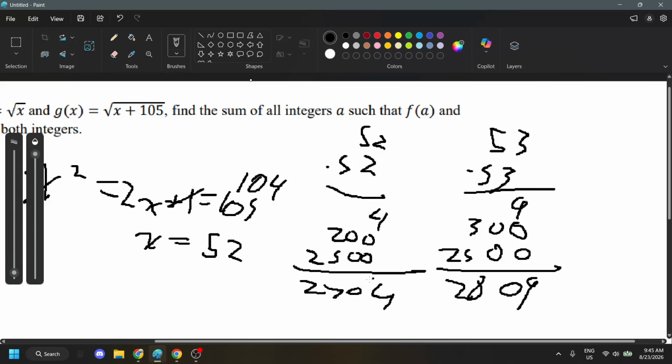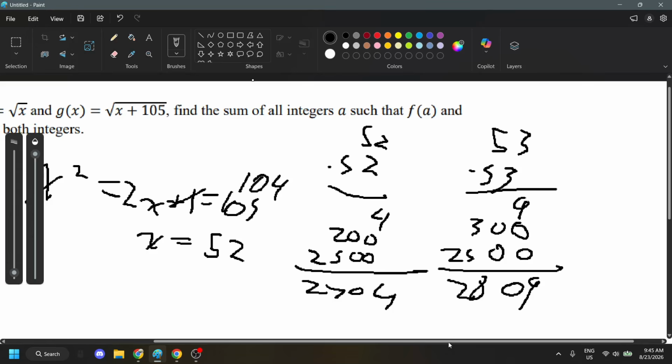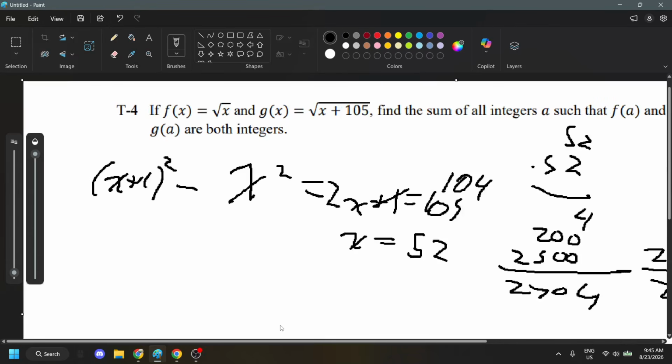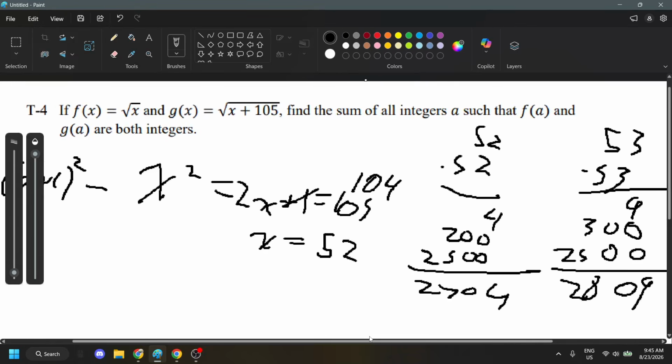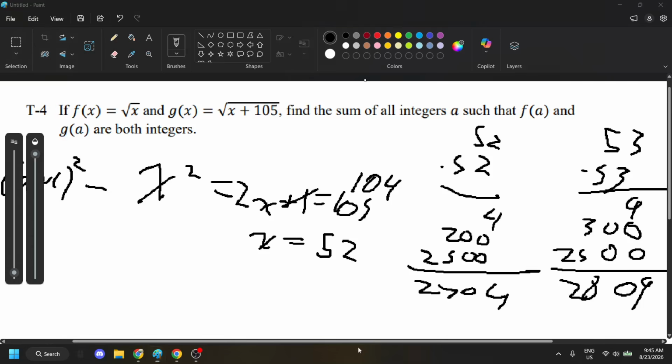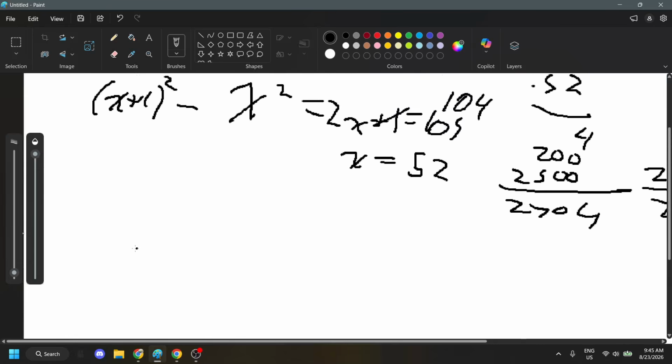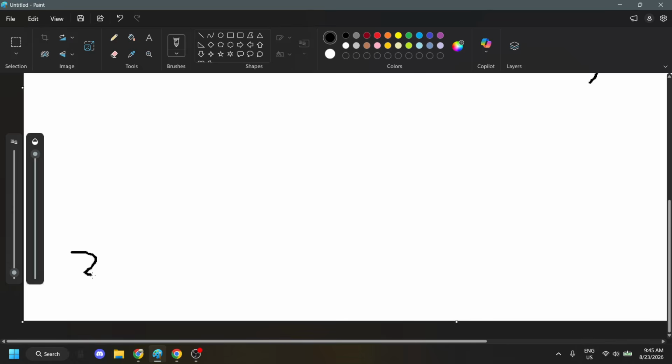Okay, see, that has a difference of 105. So if we put 2704 in for x, yeah, those are both squares. So 2704 is our absolute maximum.